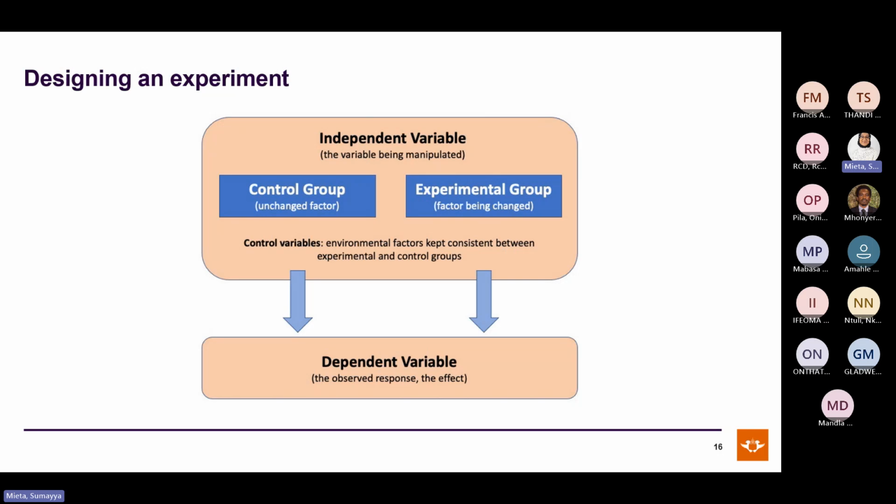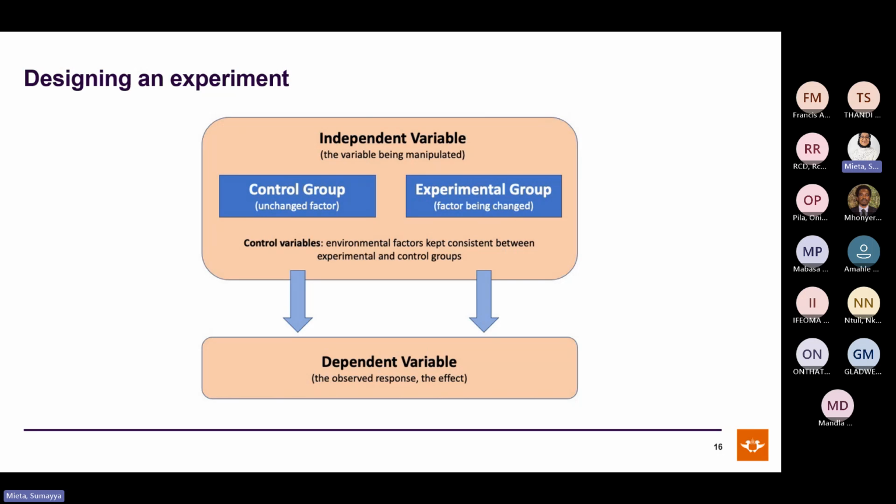And that is because the experimental group is easy, right? We all know that that's the group that you are testing. But how do you know that the test that you are doing on that experimental group is correct? That the independent variable is the one that is producing the causal relationship to the dependent variable and not something else.